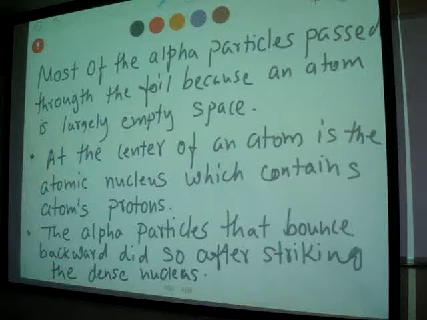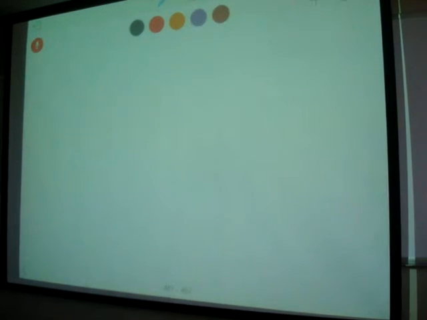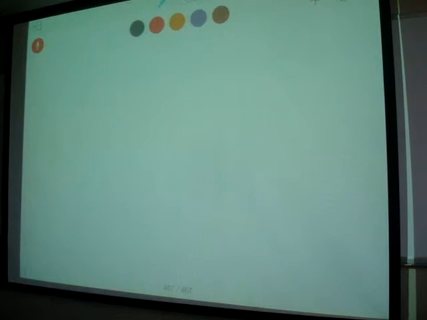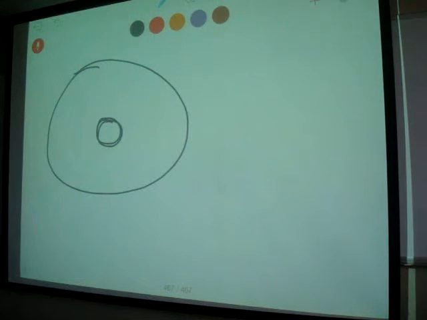So he discovered a new model of the atom. So what is his proposed model? He said, yes, there is a center nucleus and there is a whole empty space.